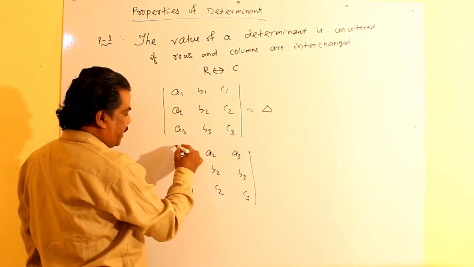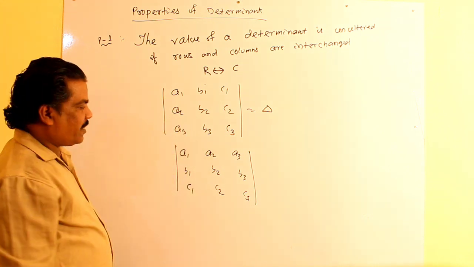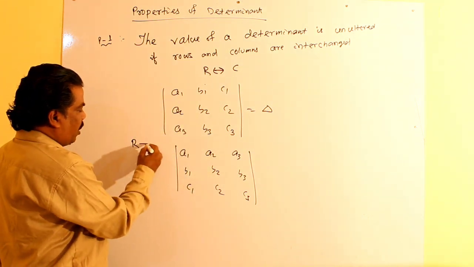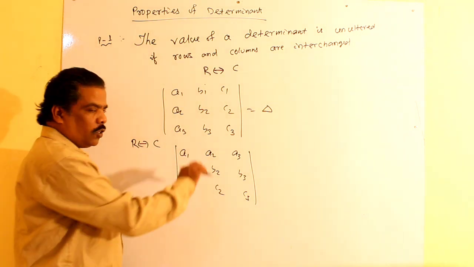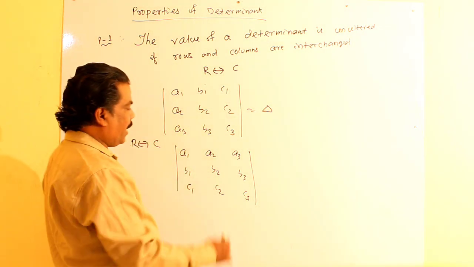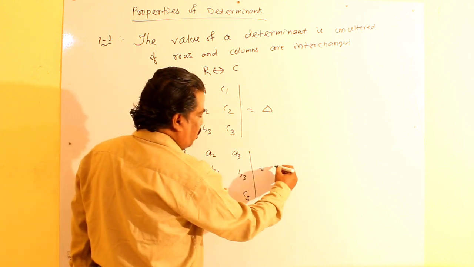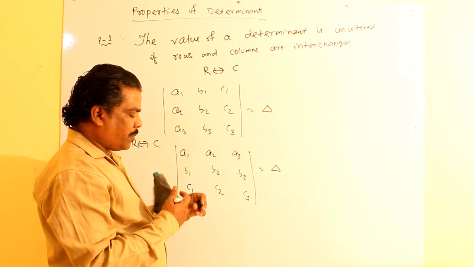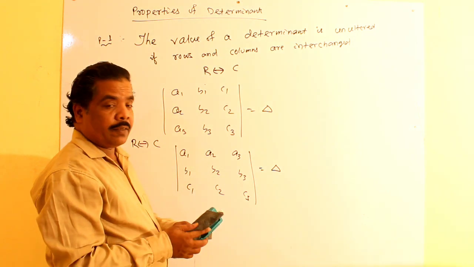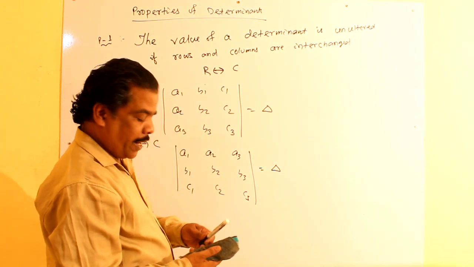Here, in this determinant, we changed rows as columns and columns as rows. We interchanged rows and columns. Now the value is also delta. If rows and columns are interchanged in any determinant, then the value remains same.